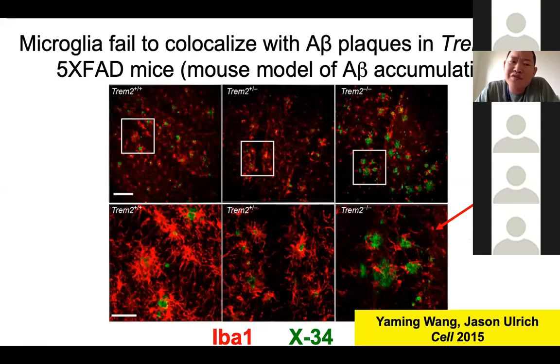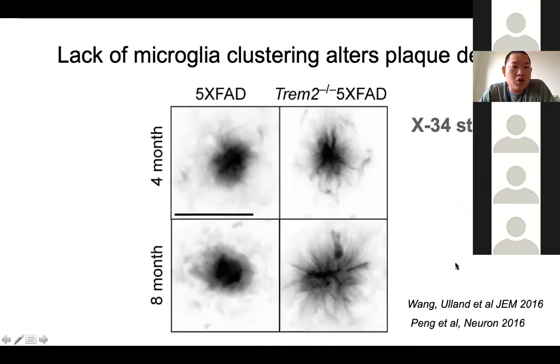By using 5XFAD mice, a mouse model of A-beta accumulation, our lab previously showed that TREM2 deficiency prevented microglia clustering around the plaque. TREM2 deficiency also alters plaque density.